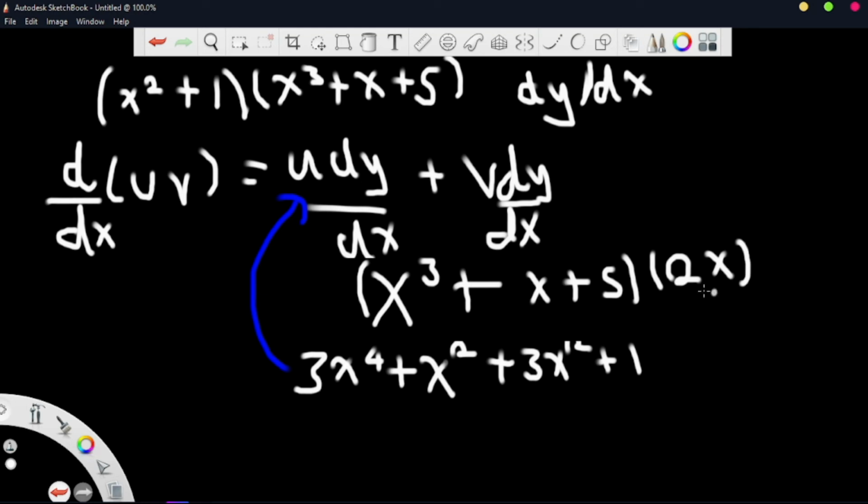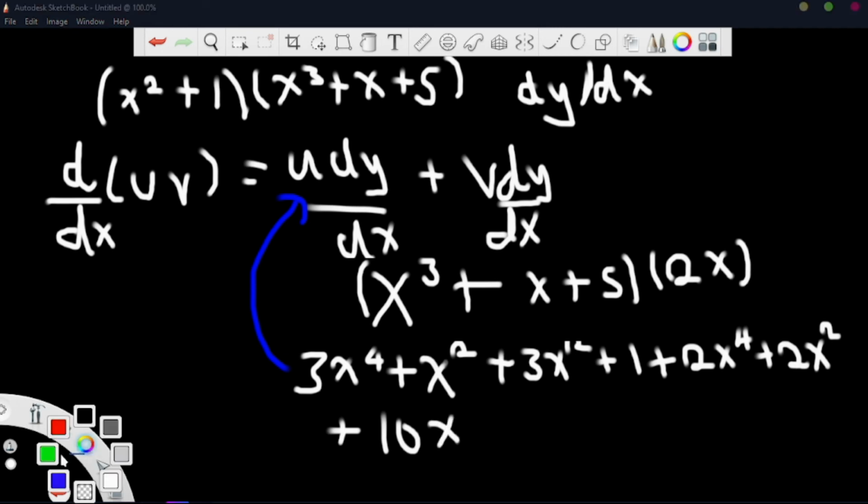And then once I multiply, I'm going to have plus, because these two are multiplying each other. So I'm going to have plus 2x to the fourth power plus 2x squared plus 10x. So then I've basically differentiated that.